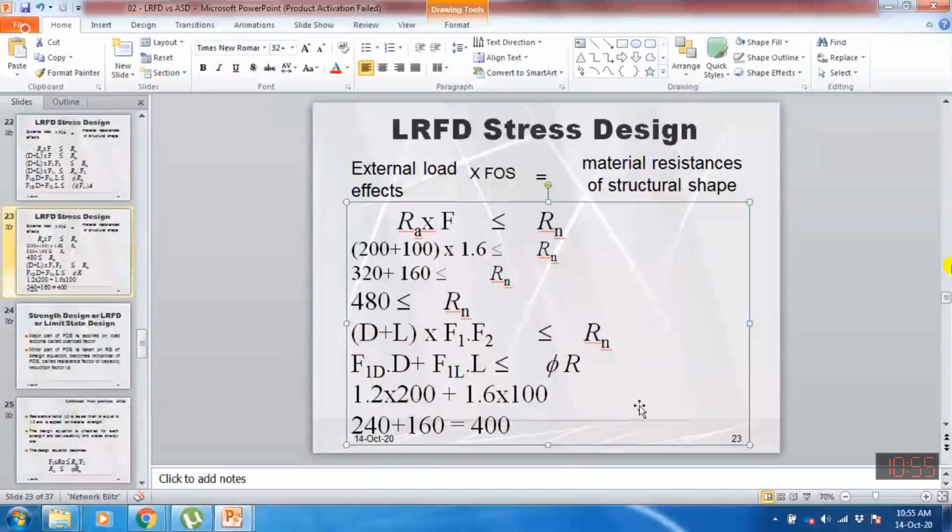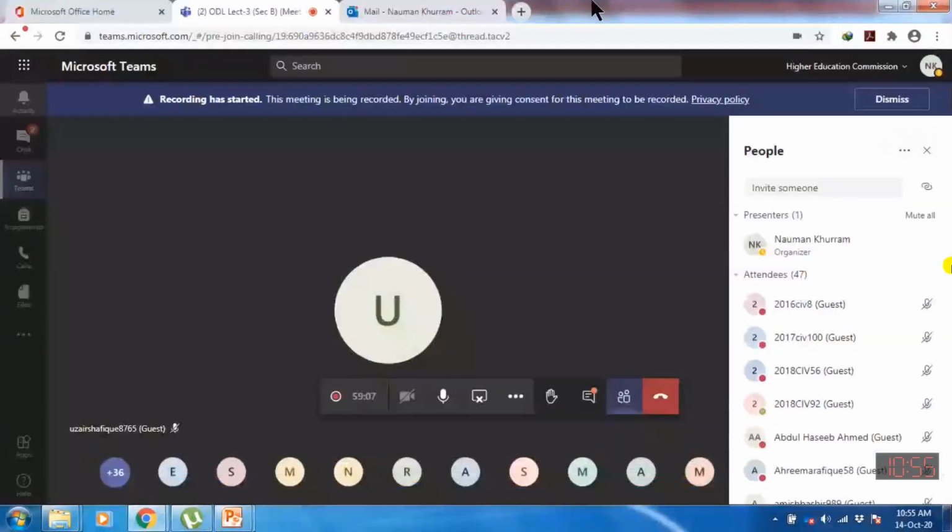I'm just explaining that close to the failure. Failure doesn't mean actual failure, but specified failure. Specified failure means that in ASD I have put the failure limit at 0.6 Fy and in LRFD 0.9 Fy. So the strain value at the failure limit in LRFD will be more as compared with the ASD. If I'm approaching the failure, it means that LRFD will undergo larger deformation and its behavior will be more ductile as compared with the ASD. So you understand?